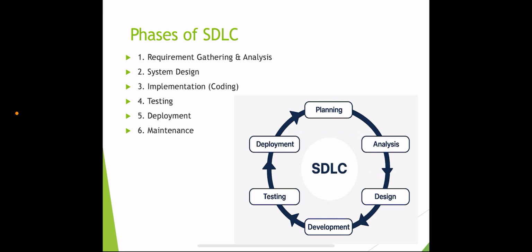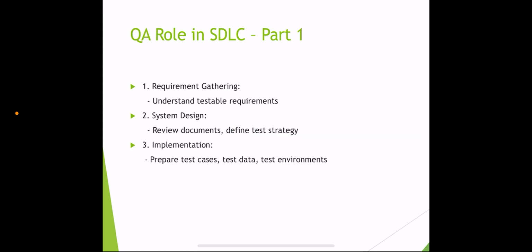Within minimal time, we will provide them the fix. That is called maintenance. Whenever we give a delivery, and after that we find a defect in the application, that comes under maintenance. Okay, so let's go one by one.